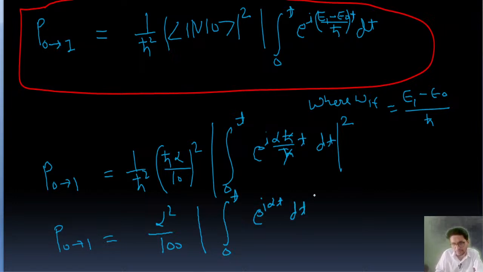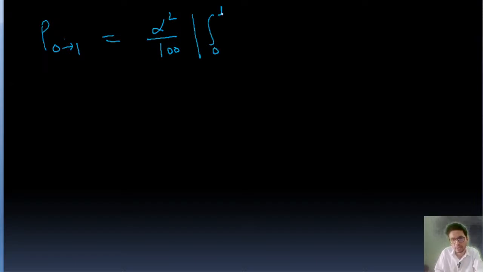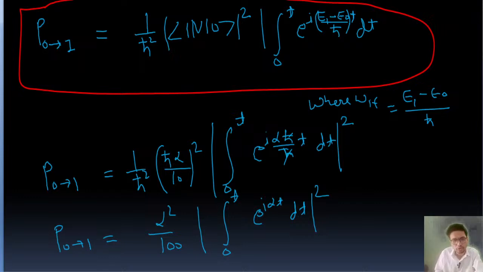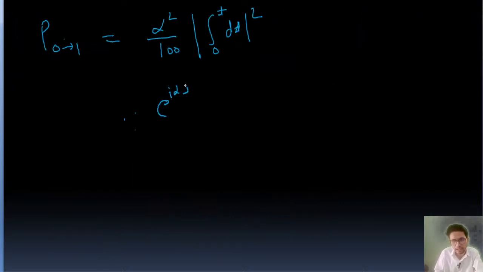So P0 to 1 is alpha square upon 100 into integration from 0 to t of dt mod square. Why? Because this e to the power iota alpha t is almost equal to 1.